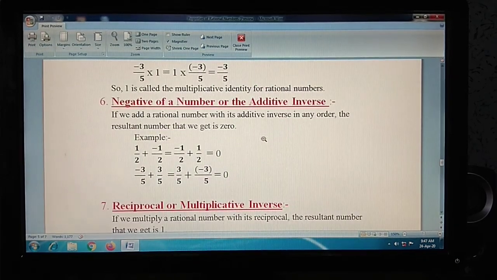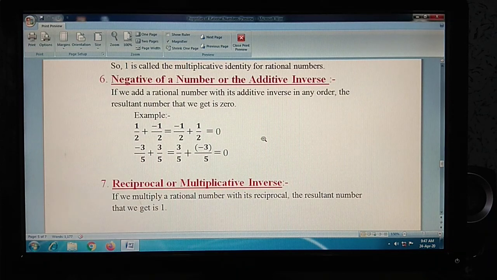Now moving on, the negative of a rational number, also called the additive inverse. You have already learned about additive inverse in your last class, in class 7, in the chapter rational numbers. So it is written here, if we add a rational number with its additive inverse in any order, the resultant number that we get is 0.